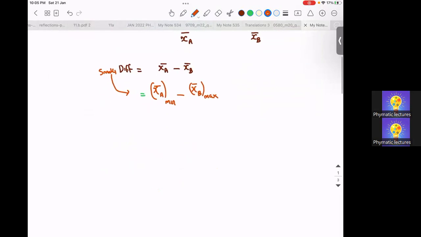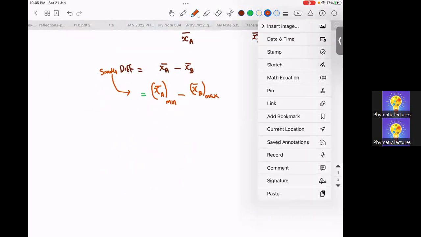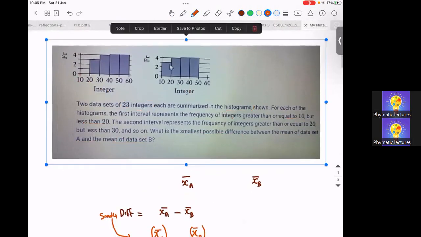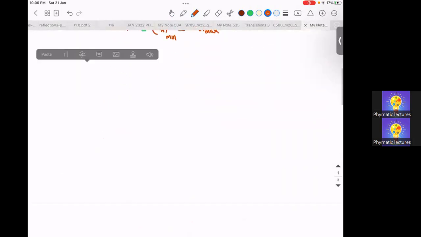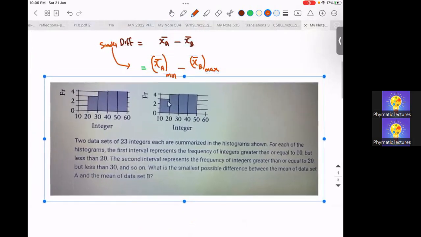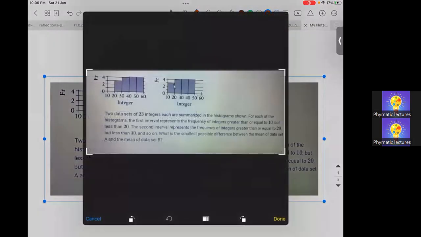Okay, so we will consider the first histogram. I'll just make a copy of this and keep it here. So these are our two histograms.